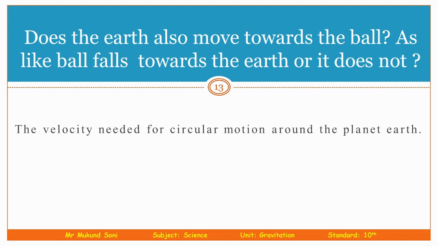This is a specific velocity using which one can check the motion of the Earth or other planets around some other object, like Earth around the Sun and Moon around the planet Earth.